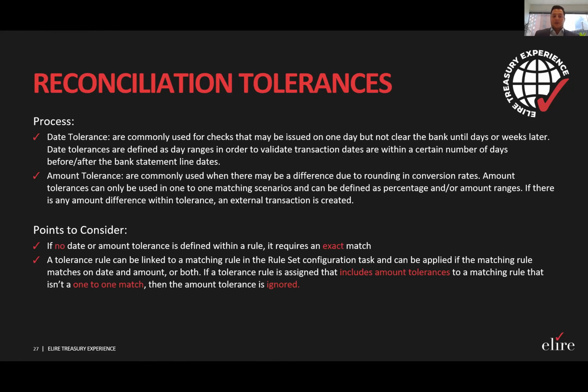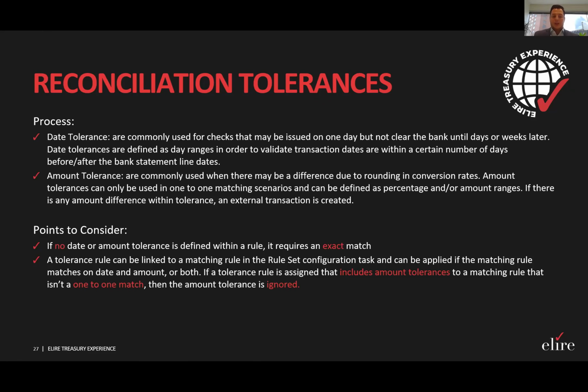If there is any amount difference within that tolerance, that external transaction is created for us then, and then it uses the account coding that we have defined on the bank account itself. Two points to consider when we're setting up reconciliation tolerances is that if there's no date or amount tolerance defined within a rule, it requires an exact match. And then the second point being a tolerance can be linked to a matching rule in the rule set configuration task and can be applied if the matching rule matches on the date or amount, or both.